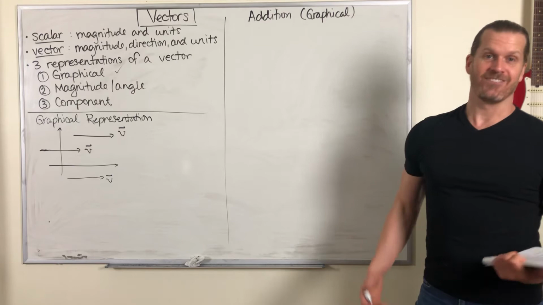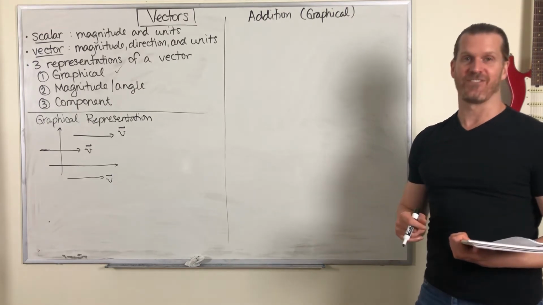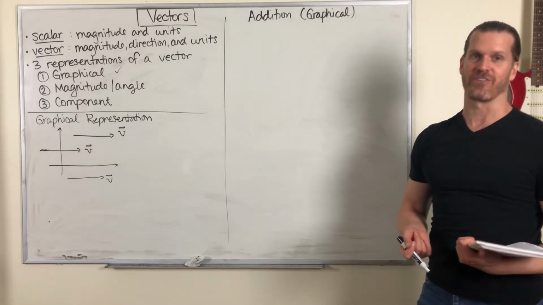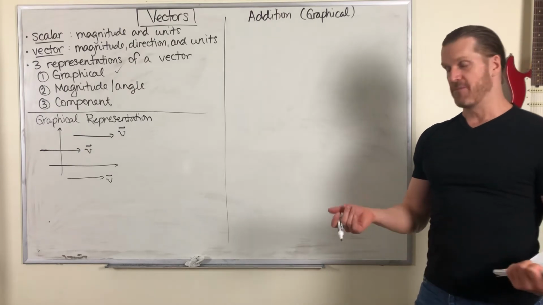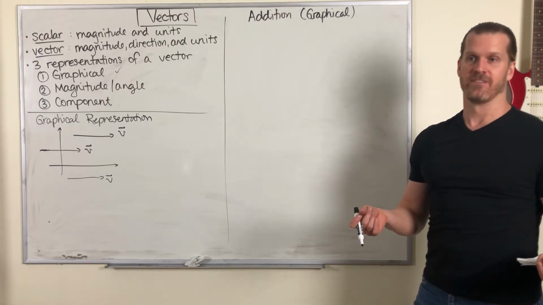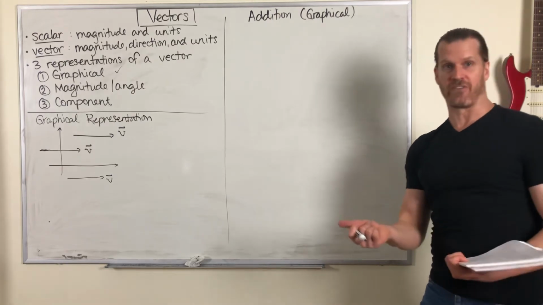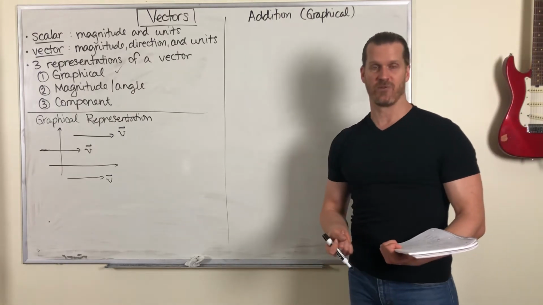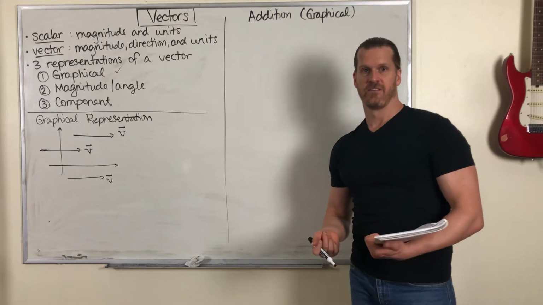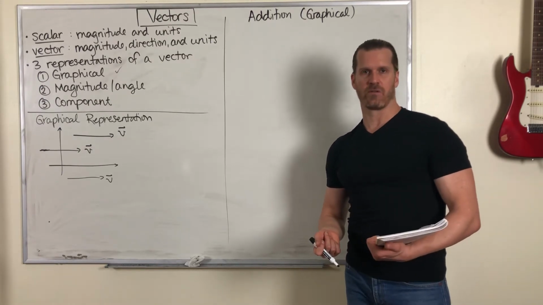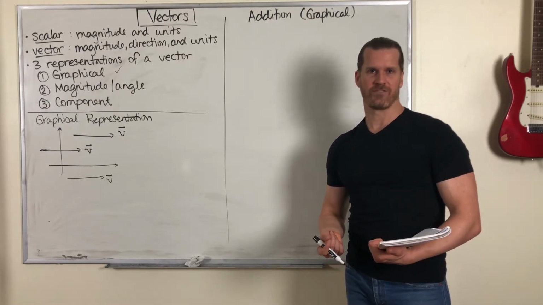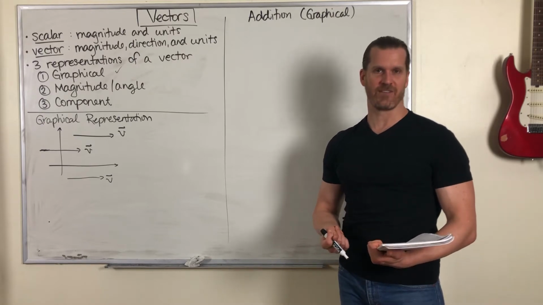But adding vectors is not as simple as adding regular numbers or scalars, because imagine that you have a velocity that's 65 miles per hour east, and you have another velocity that's 45 miles per hour southwest, and you want to add those together.